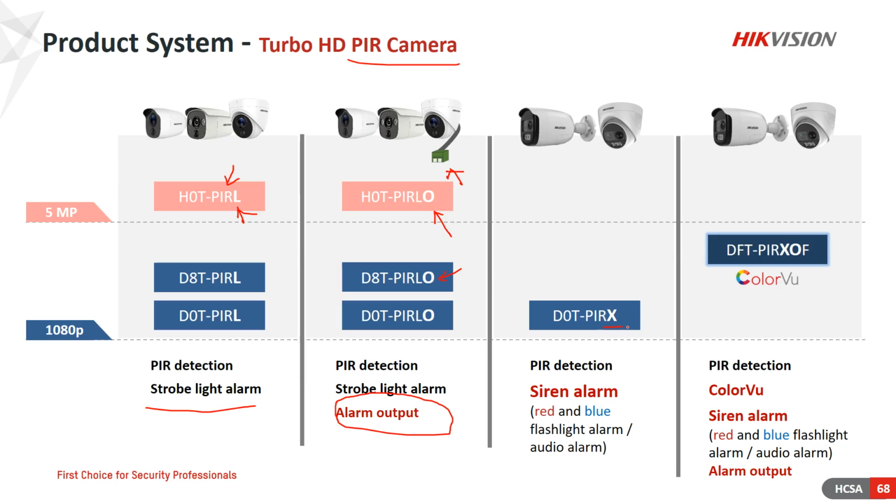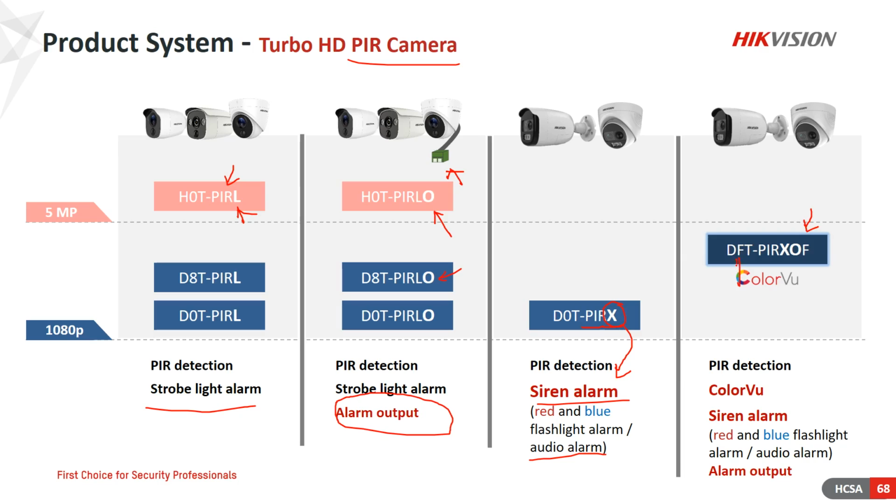And for the Turbo HD camera, because they also support PIR, we just put it in the PIR series. If it is an X, it means it can support the siren alarm, the red and the blue flashlight, and also the audio alarm, which is the siren. And this kind of model seems to combine almost all of the good functions.